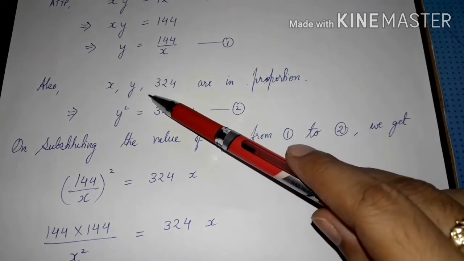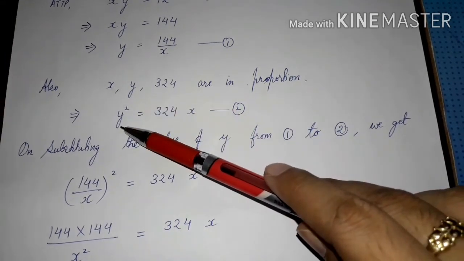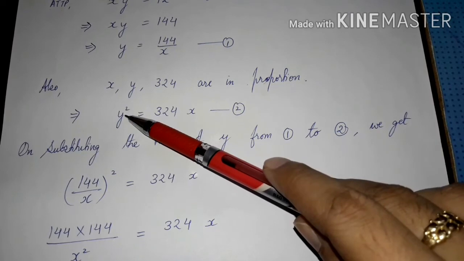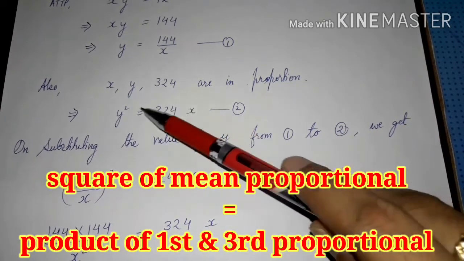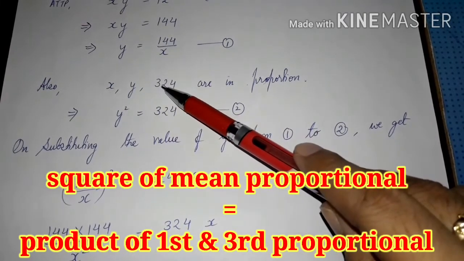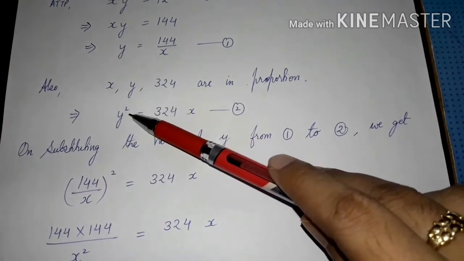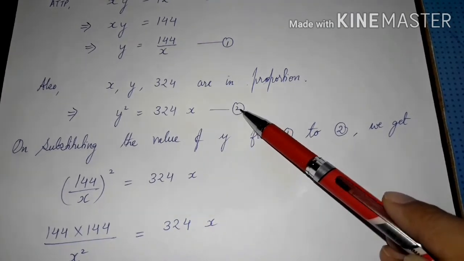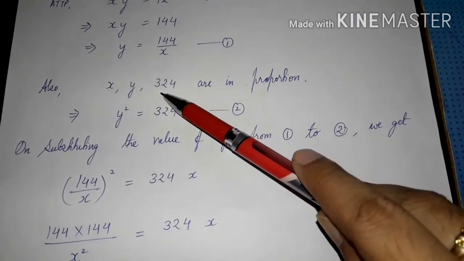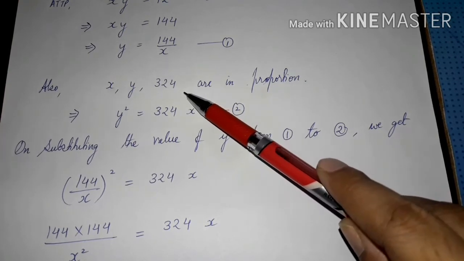So here also we'll apply the same formula. The square of the mean proportional should be equal to the product of the first and the third proportional. So here y square will be equal to 324x. This is the second equation we are getting by using 324 as a third proportional.